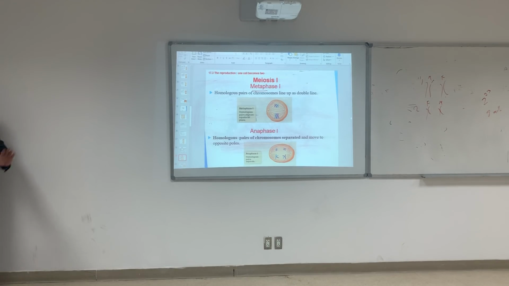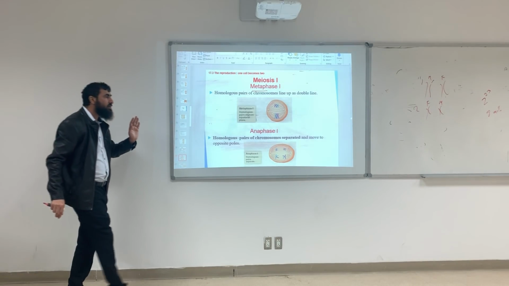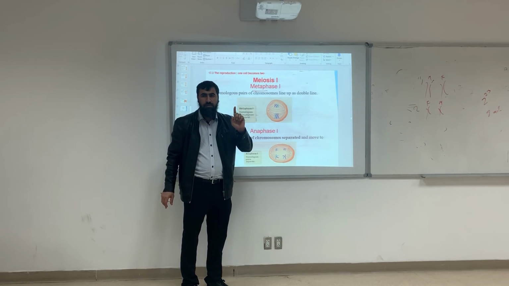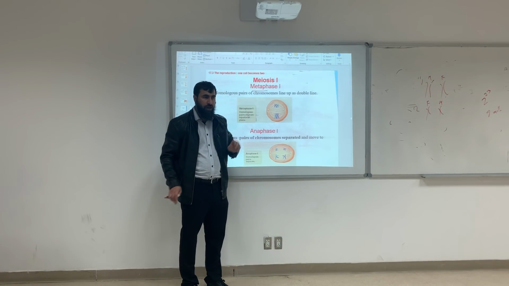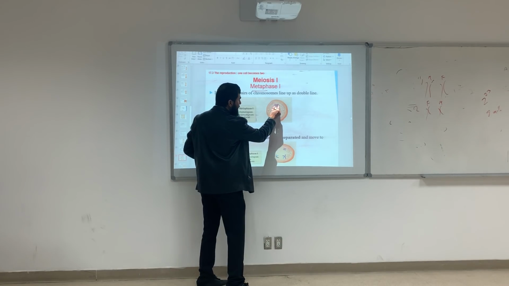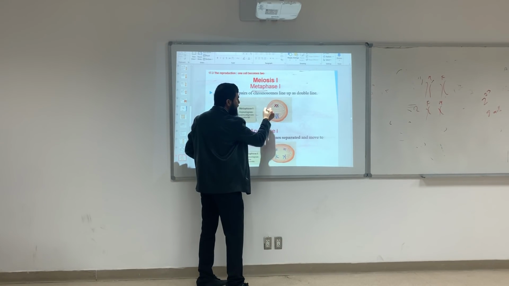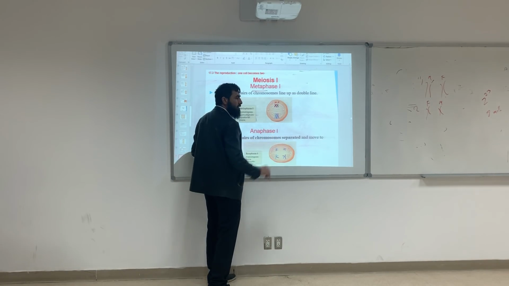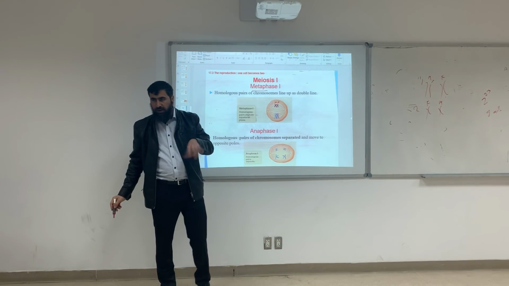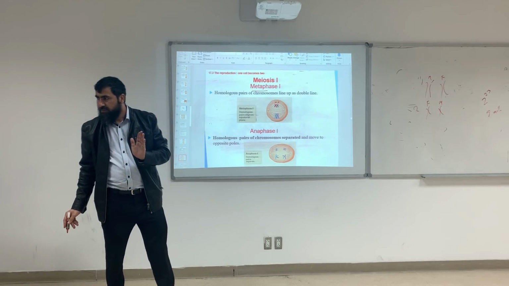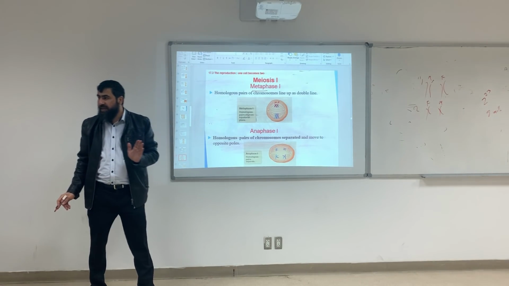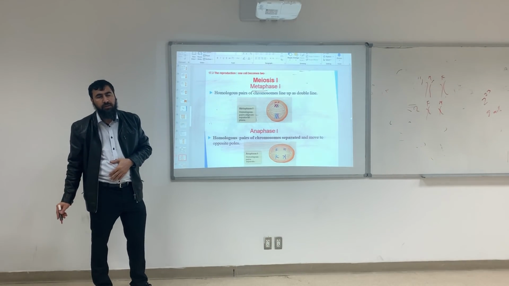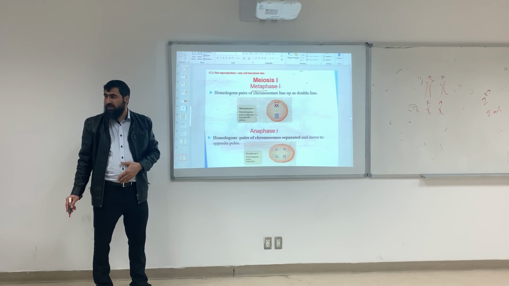So, typical metaphase lining of chromosomes, except homologous chromosomes line up, okay? You see that? Double line. So the one from the mother and the one from the father line up, okay? Homologous pairs. So how many homologous pairs will line up? 23 homologous pairs.